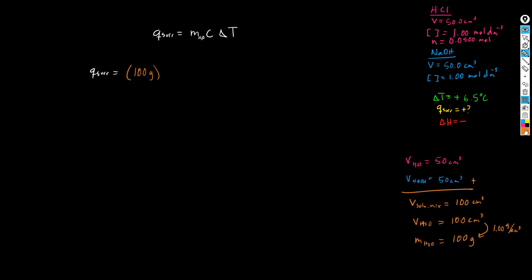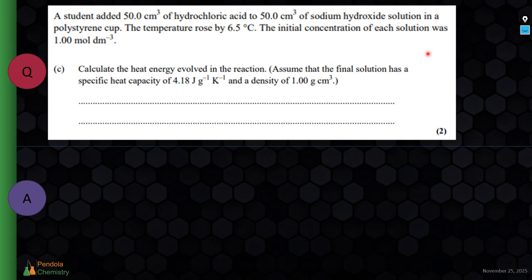C is a little easier, right? Because C just comes from our work. C is simply the specific heat of water, which is 4.18 joules per gram degrees Celsius. And we know that because we should memorize it, but also the question says it: assume that the final solution has a specific heat capacity of 4.18 joules per gram Kelvin.